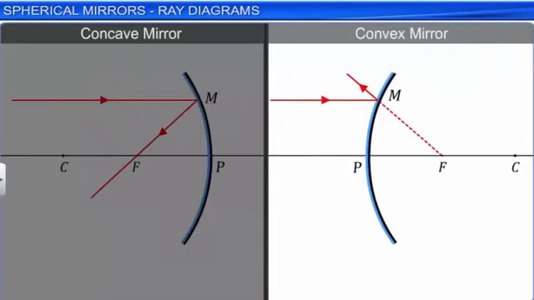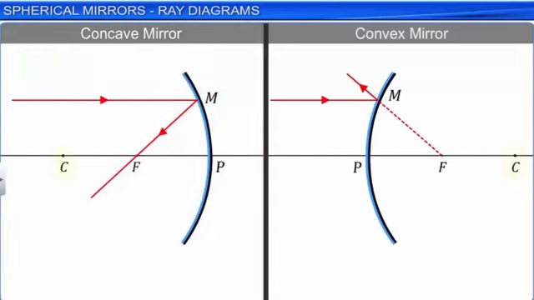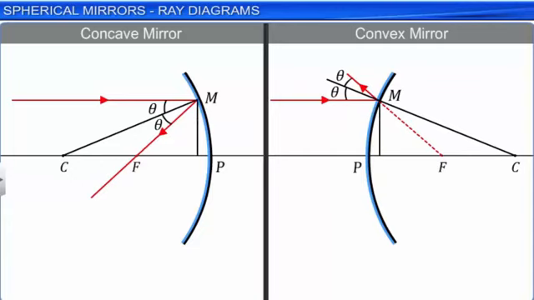Since C is the center of curvature of the mirror, CM is the normal to the mirror at M. If the angle of incidence is theta, then the angle of reflection is also equal to theta. Let MD be the perpendicular to the principal axis through M.